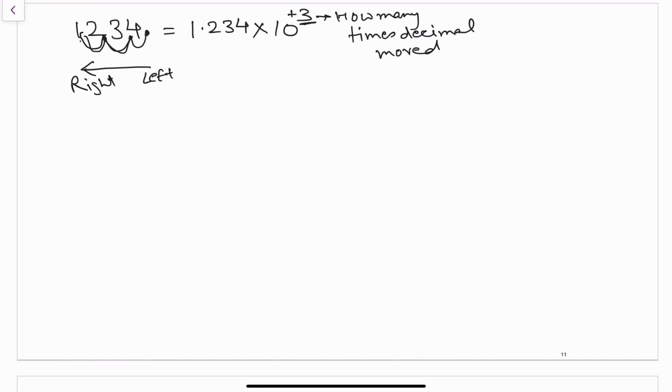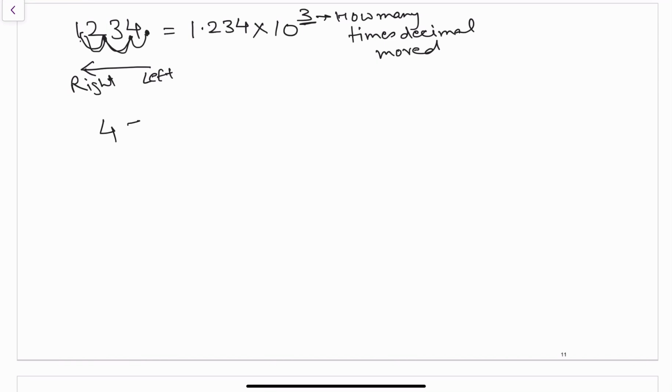If it's a positive number, we usually don't show the positive sign. We just write 3 or 2 or 1 or 5, whatever number you're getting. Let's take one more example.